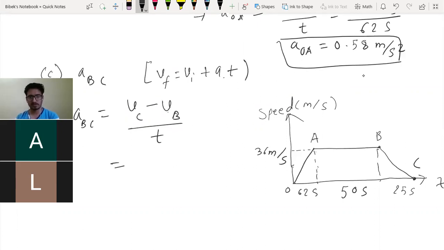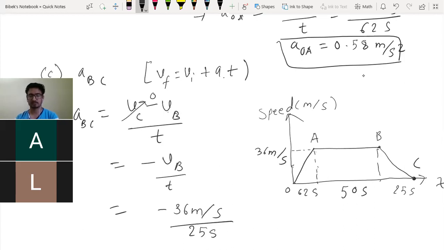So your velocity at point C is 0 because it comes to rest over here. So it's negative velocity B over time. That's 0 minus the velocity at point B, which is the same speed, 36 meters per second, divided by 25 seconds.